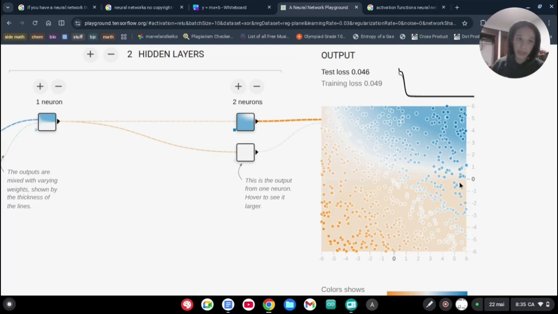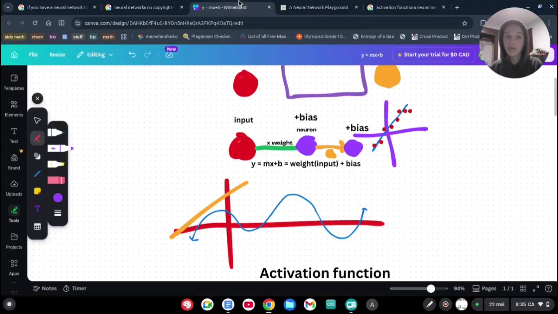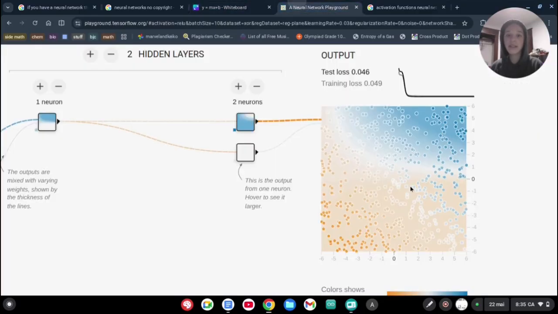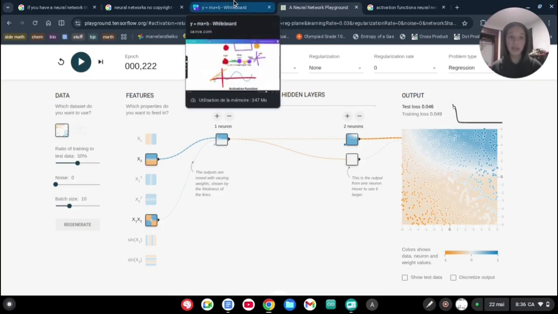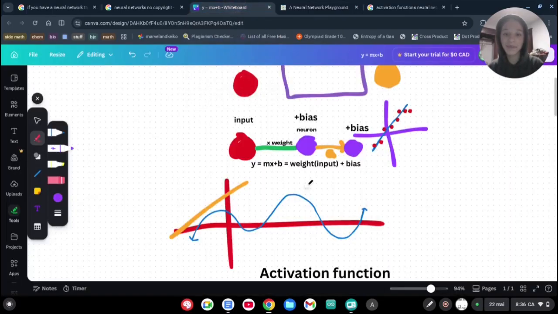At least from looking at it, it looks to be nonlinear. It can map a curved division, I guess. But I think that this is actually a bit of more advanced concepts to do with state space, which we can get into, and I think we probably should at some point. Not right now.